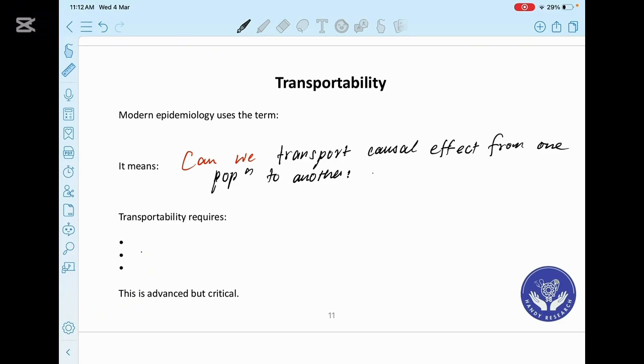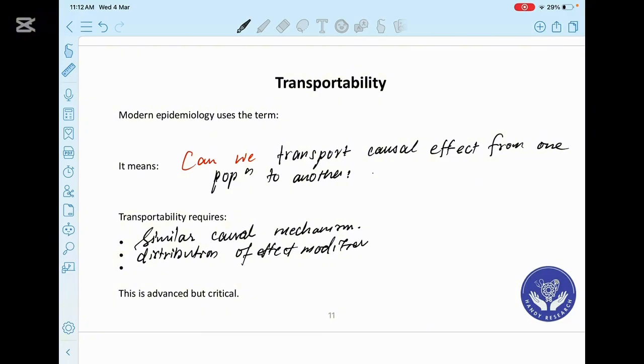Transportability requires similar causal mechanisms, similar distribution of effect modifiers, and proper adjustment for population differences. Population differences are properly adjusted. So this is the advantage, but critical as well.